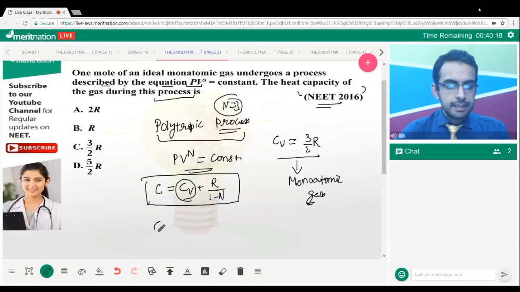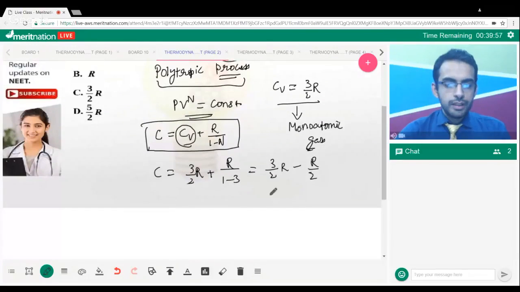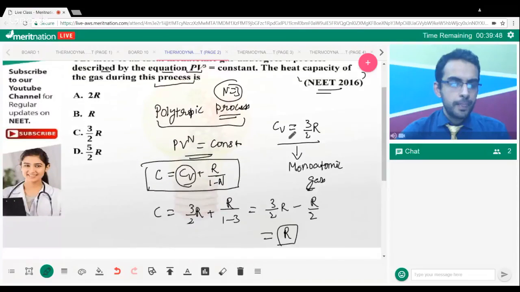So C is equal to 3 by 2 R plus R by 1 minus 3. This is equal to 3 by 2 R minus R by 2, which is equal to R. So students, you can see which option is correct here. Option B is correct.